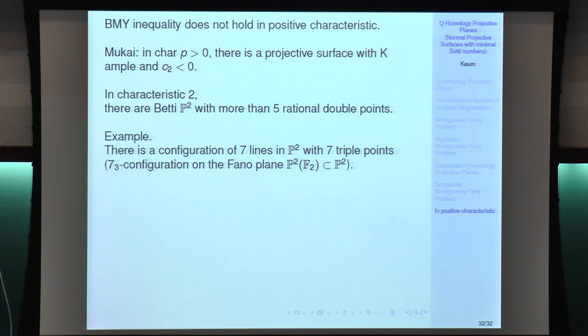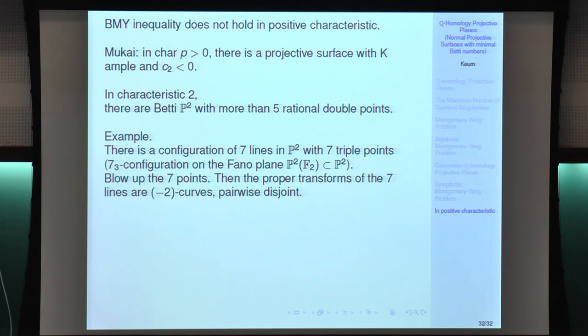This is a plane over the field of 2 elements in characteristic 2. It consists of 7 points and 7 lines, and each point lies on exactly 3 lines, and each line passes through exactly 3 points. So you blow up all these 7 points so that the proper transforms of the 7 lines are pairwise disjoint -2 curves.